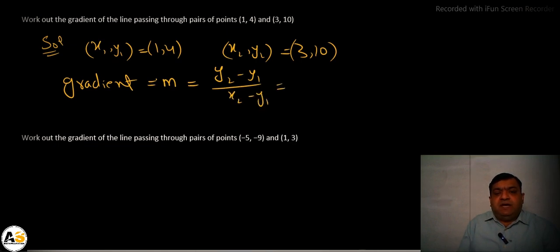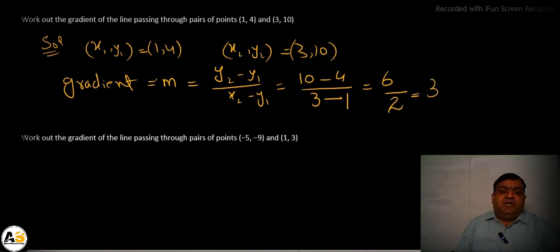Let us put the values. What is y2? This is 10, and what is y1? This is 4, over x2, which is 3, and x1, which is 1. This will be 6 over 2, which will simplify to 3. So the gradient of the line which joins these two given points is 3.